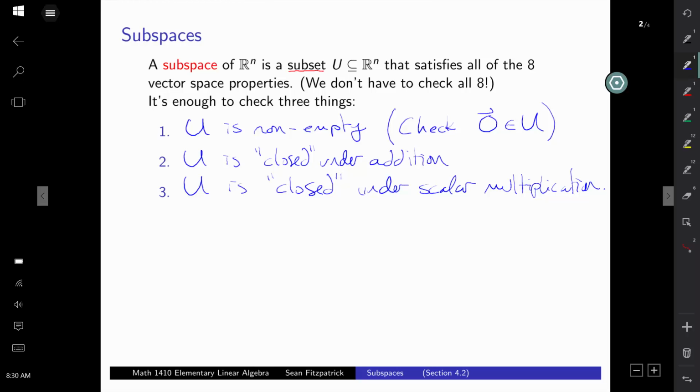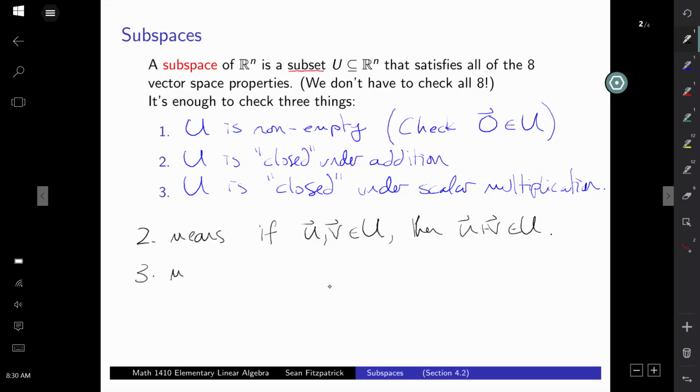What do these closure properties mean? So property 2 just means that if u and v are vectors in U, then u plus v is also a vector in U.